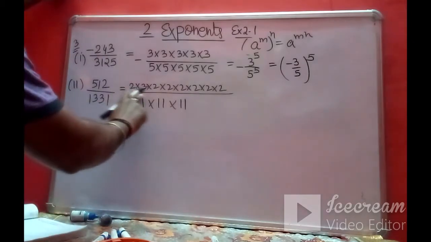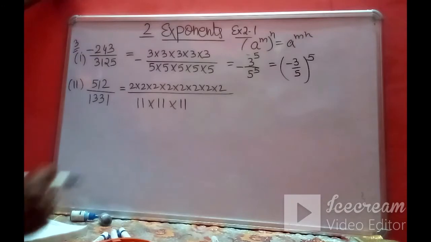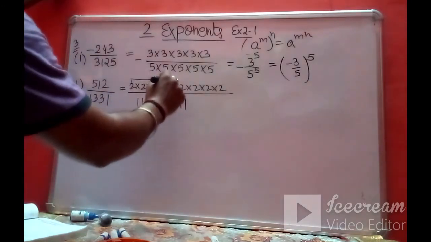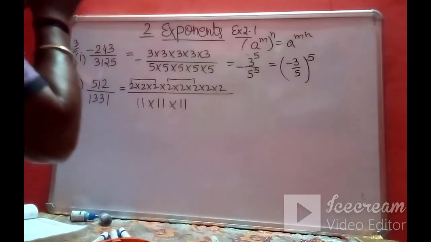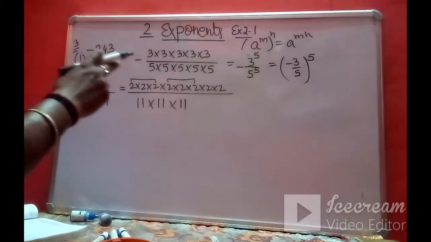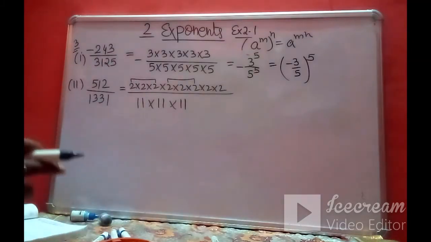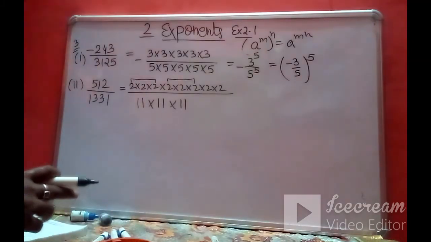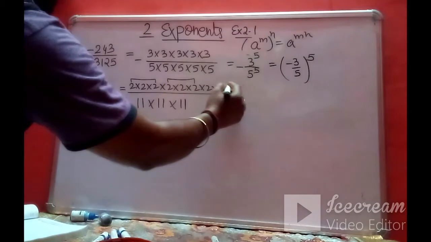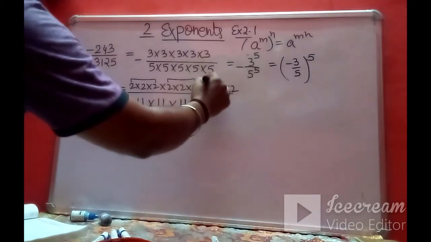Let's try to form groups of 3 identical numbers. So see, it is 2 into 2 into 2, then one more 2 is there, 2 into 2 into 2.